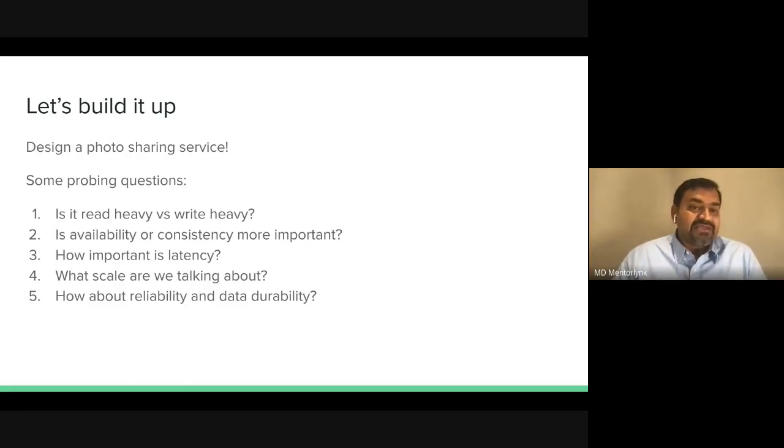How important is latency? Sometimes latency is a factor which is a little related to availability, but slightly different. Nowadays, with the appetite people have, they can figure out if some service is not working within, I don't know, 100 milliseconds.